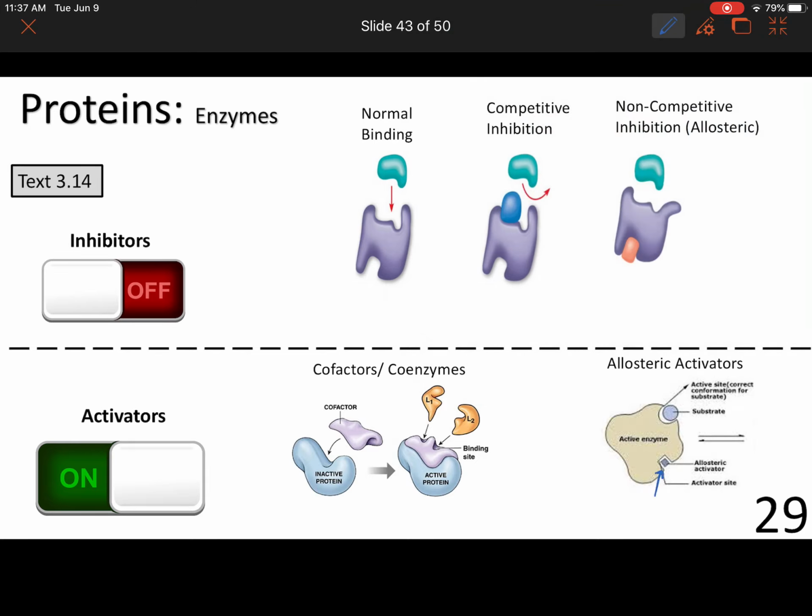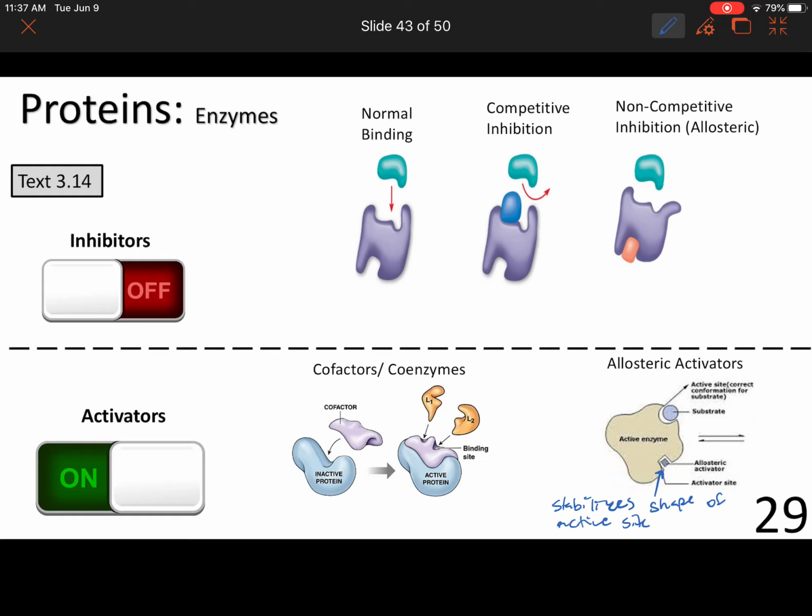In this case, the presence here stabilizes the shape of the active site so that the reactant fits the way that it's supposed to.